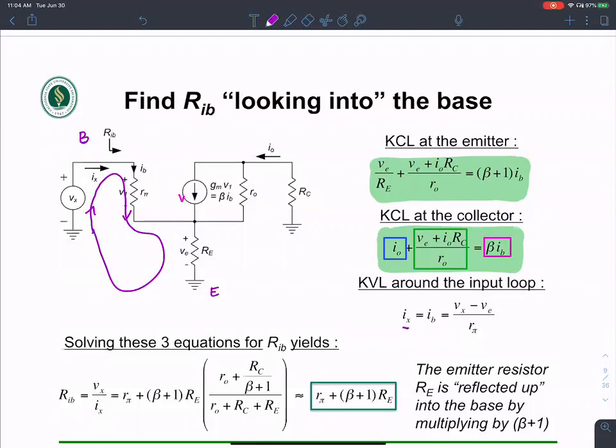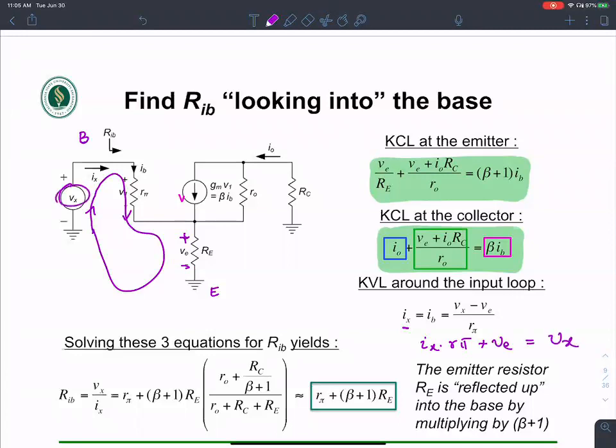it as Ix, the test current Ix, times R pi, plus the voltage dropped across this VE. The voltage dropped across the RE resistance, VE, should equal the voltage applied Vx.